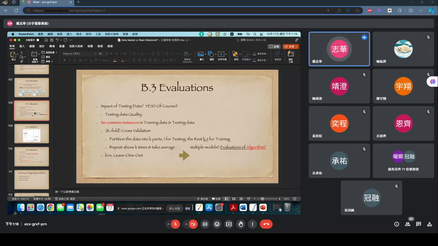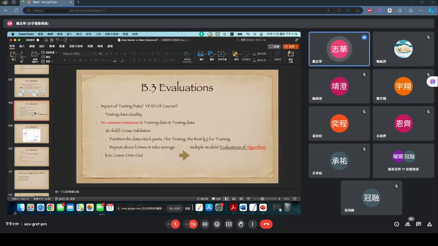So when we want to evaluate a well-trained classifier, we need to use a different data set. Like when you do an examination, you should not know all the questions in advance.